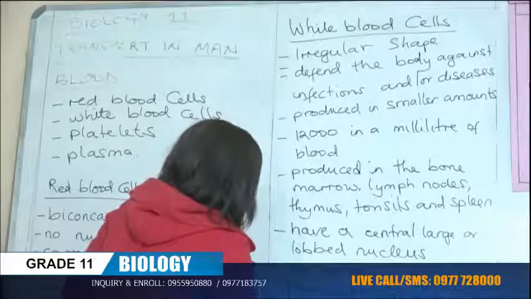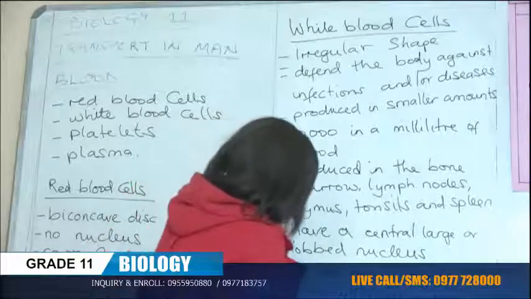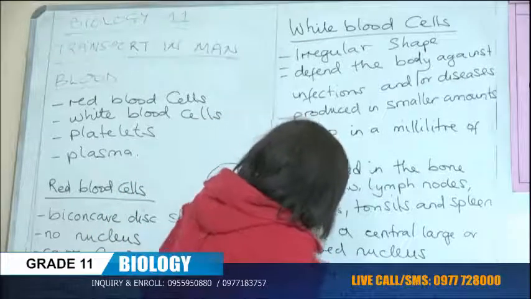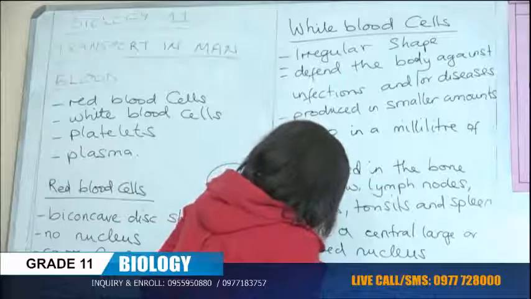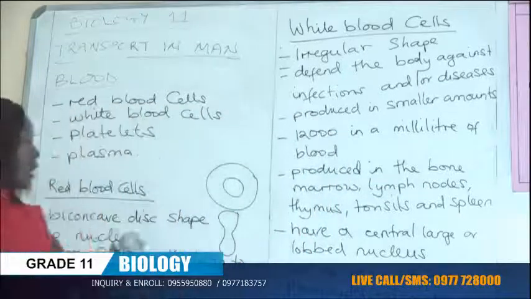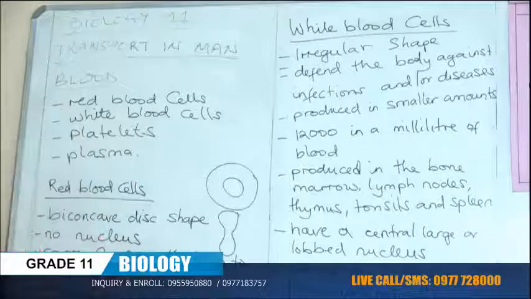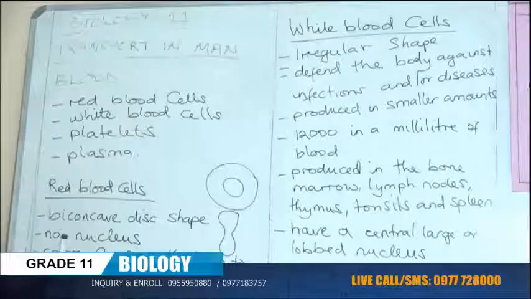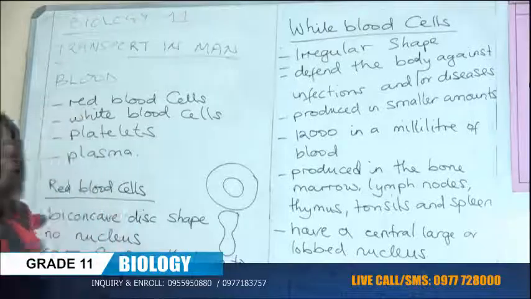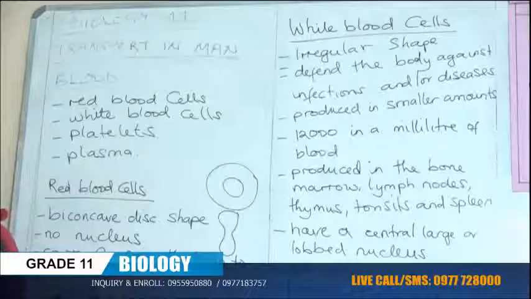But we looked at phagocytes and lymphocytes, and we said that phagocytes have a lobed nucleus. Phagocytes have a lobed nucleus because they detect, engulf, and destroy bacteria, whereas lymphocytes defend the body by producing antibodies and antitoxins.